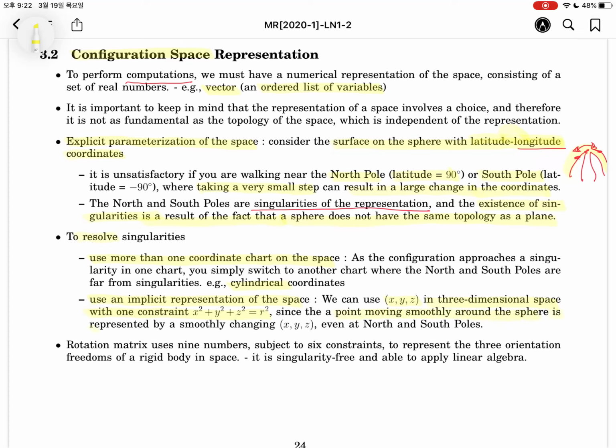Because the point moving smoothly around the sphere is represented by smoothly changing xyz values even at the north and the south pole. If you add some implicit variable, then the constraint will be implicit, but we don't have any representation singularity. That's the big advantage in using the implicit representation.